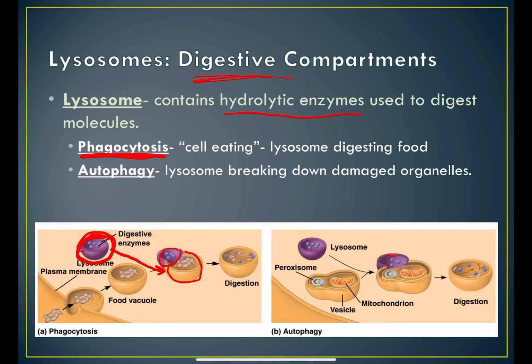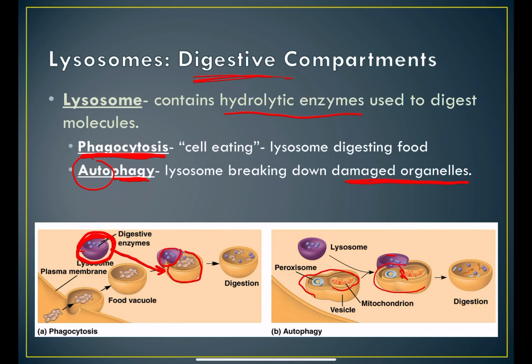Another is autophagy, and that's when we have a damaged organelle. Again, you see that word phage. Phago is eating, and auto is eating itself. So we have something, maybe a mitochondria that's not working, and the lysosome binds with this. It releases its digestive enzymes inside, and then it breaks it up into smaller parts and eats that.